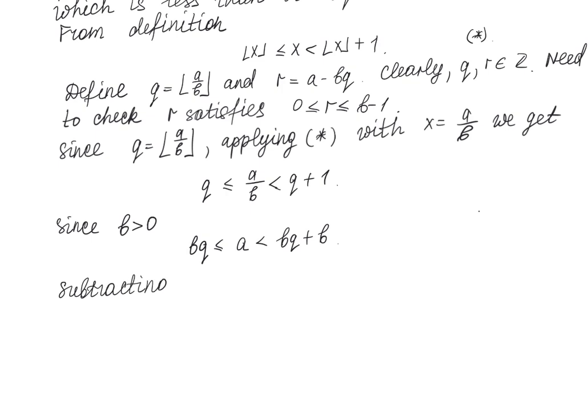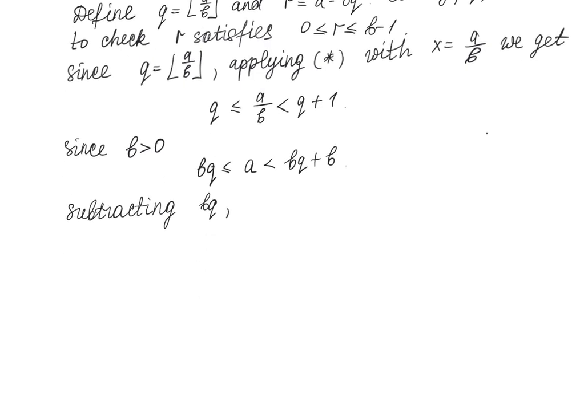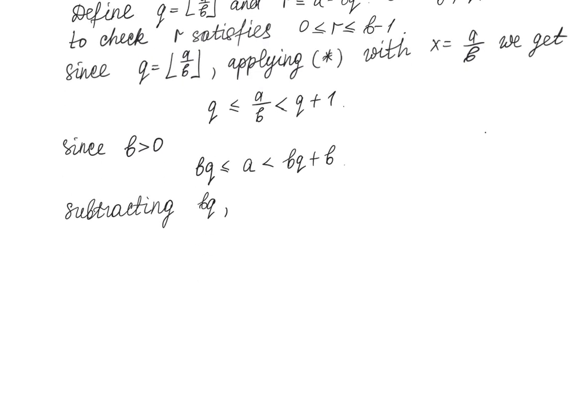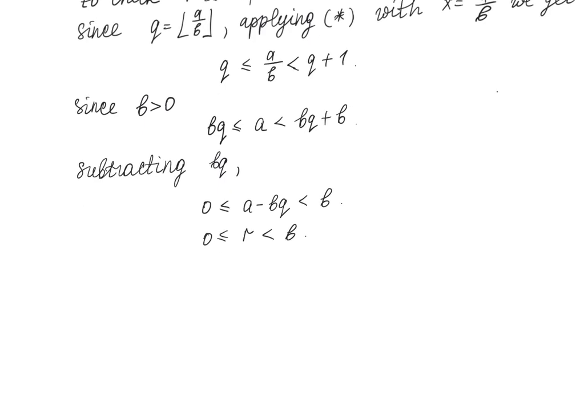Subtracting bq, we get 0 less than or equal to a minus bq less than b. What does it mean? It means 0 is less than or equal to r, which is strictly less than b.